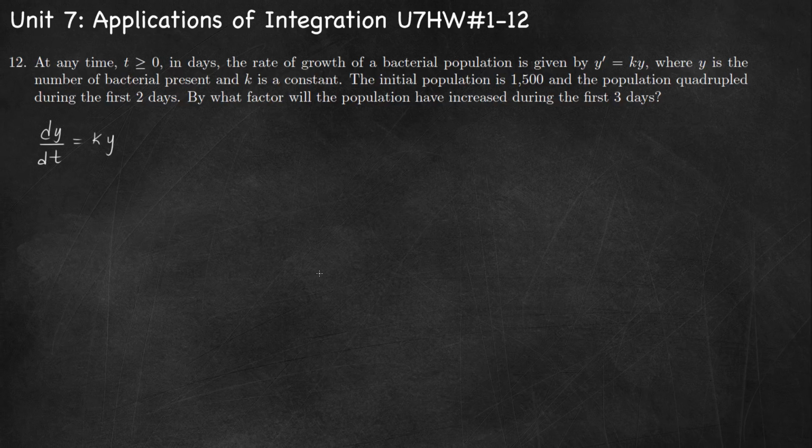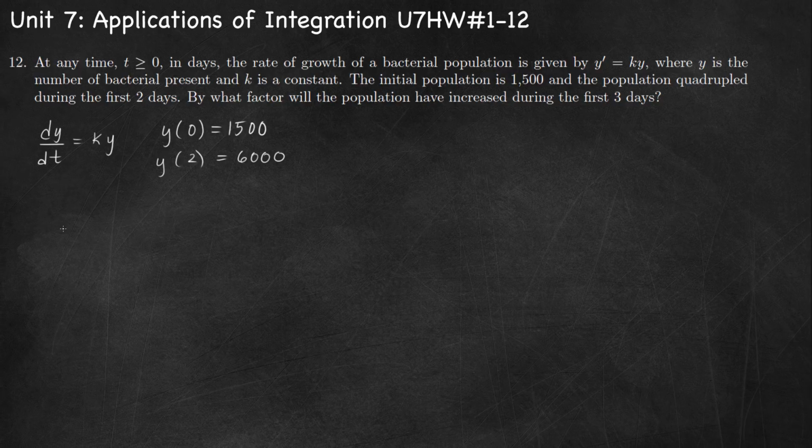The initial population is 1,500, so we'll say y of 0 equals 1,500. And the population quadrupled during the first 2 days. T is measured in days. So y of 2, the population quadruples, so that's going to be 6,000 in 2 days. By what factor will the population have increased during the first 3 days?